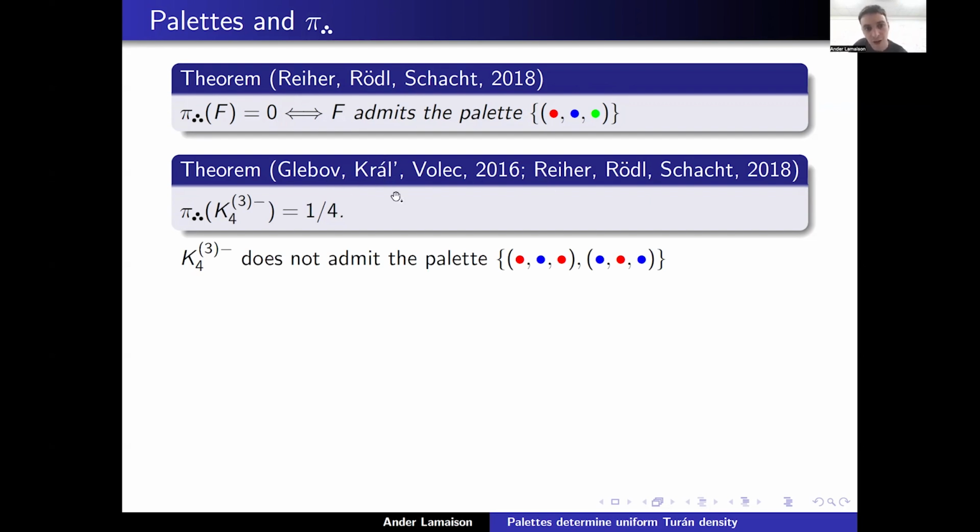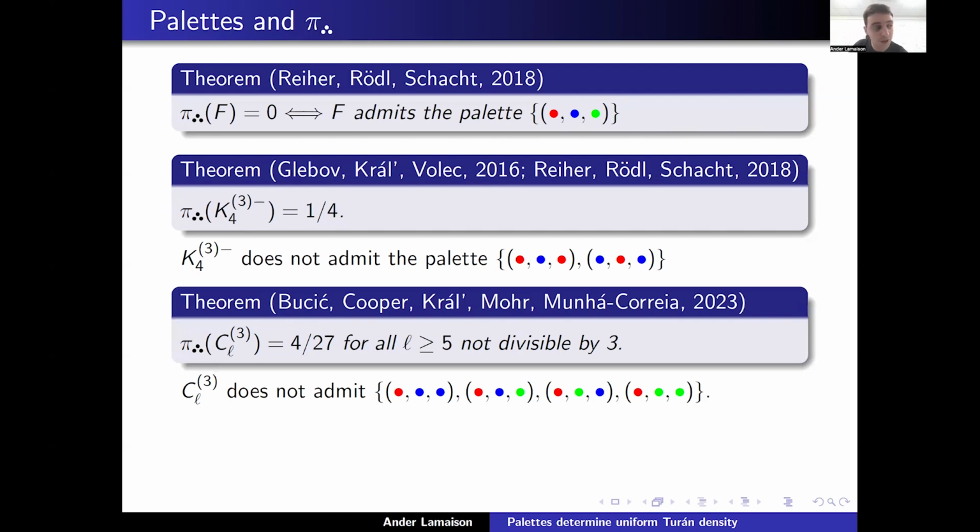The first set of authors proved it using the flag algebra method, whereas the second set of authors later gave a proof using the hypergraph regularity method, which is the same method that every consecutive result about uniform Turán density followed. Later, there was the question of computing the uniform Turán density of tight cycles, in the case when they are not tripartite, because otherwise it's 0. And once again, the lower bound comes from a palette.